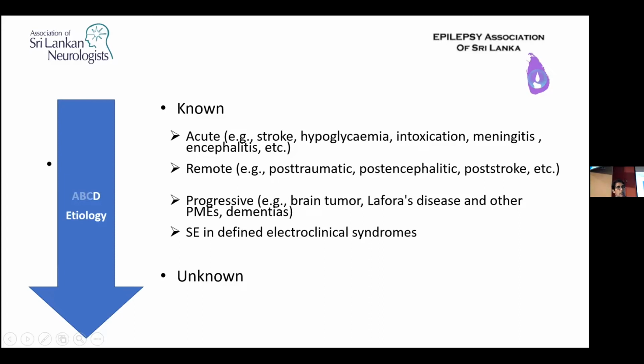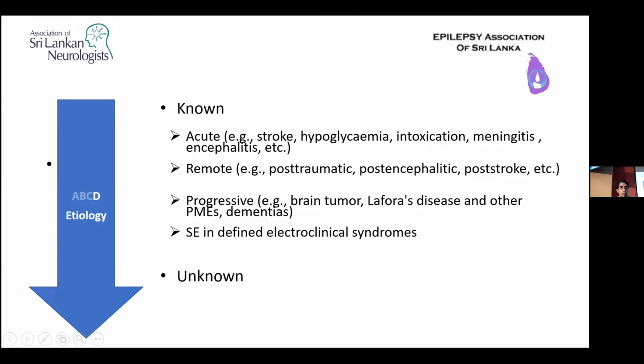Look at the first category, status epilepticus in defined electroclinical syndromes. Somebody has epilepsy, we already have an electroclinical syndrome, and you might have status epilepticus associated with that. And this time, it might even be the first time that they are presenting with status epilepticus itself.